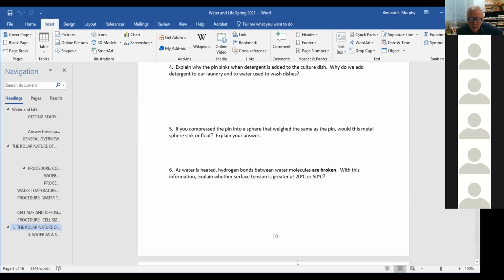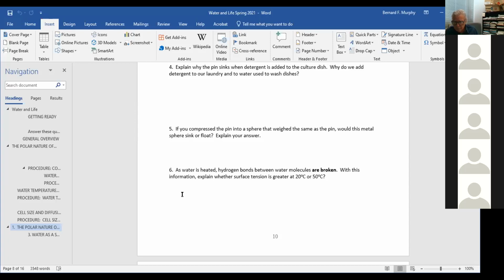Okay. 6. As water is heated, hydrogen bonds between water molecules are broken. With this information, explain whether surface tension of water is greater at 20 degrees or 50 degrees. What do you think? Anybody?